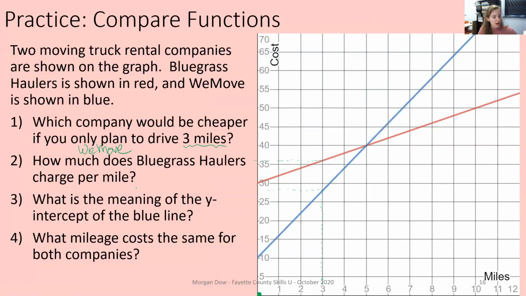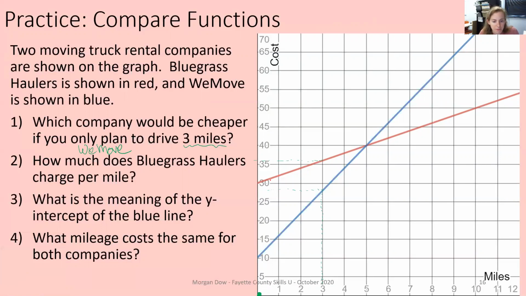All right, number 2, how much does Bluegrass Haulers charge per mile? So Bluegrass Haulers is shown in red. How would we figure out how much they charge per mile? Well, you might be tempted to kind of estimate.